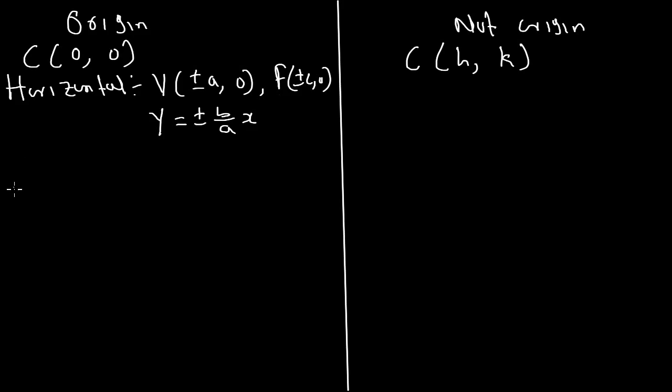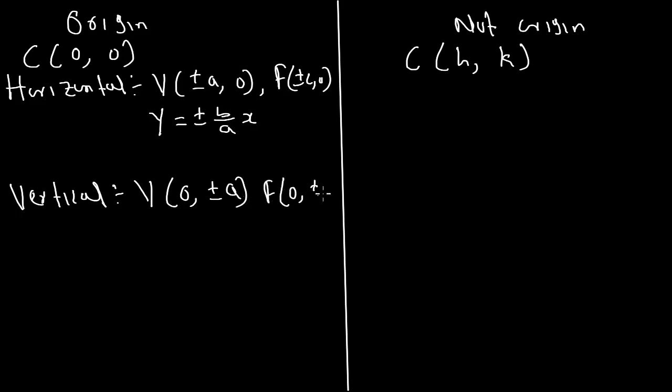Now, it is centered at the origin, but it is vertically oriented. The coordinates of the vertices will be 0, plus or minus a. The coordinates of the foci will be 0, plus or minus c.